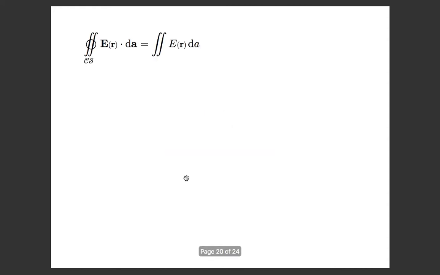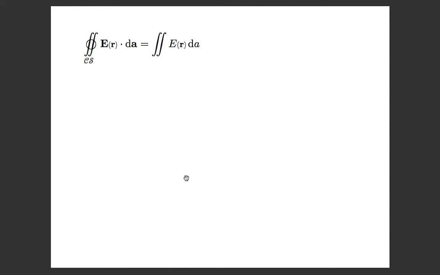If we want to get E by itself, first of all, we would need to be able to take this dot product, simplifying it by getting rid of the vector directions.